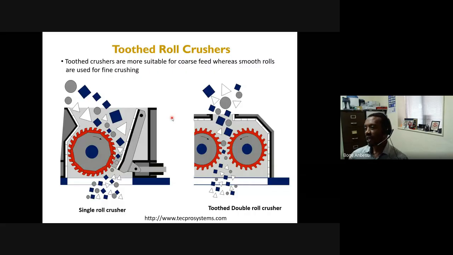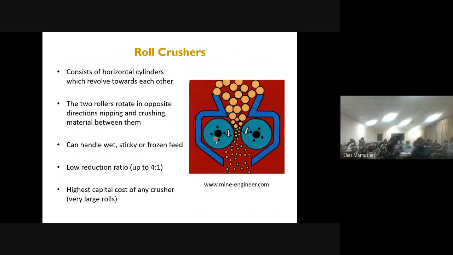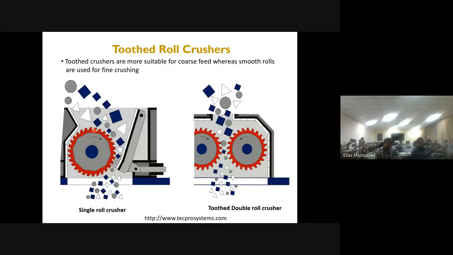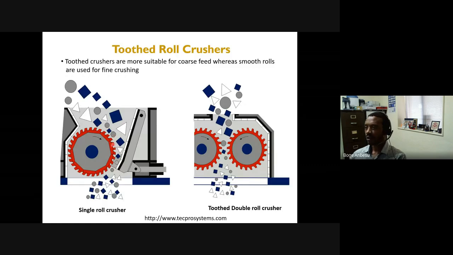So, a little bit of modification on the roll crusher: you can have a toothed roll crusher. With a toothed crusher, instead of having a smooth roll, you can make some structures on the roll, like teeth, and they can be used for crushing as well.